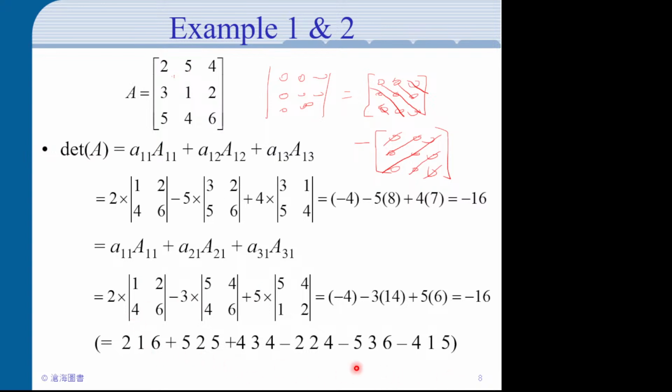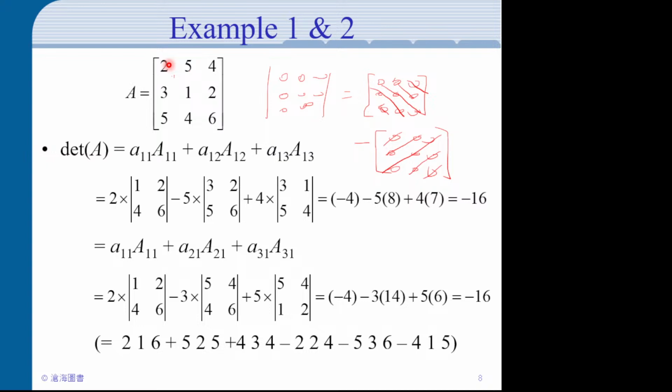And a small review from high school: it's actually all possible permutations of those rows and columns. So you have 6 terms adding and subtracting together. So you have those 3 correct-direction diagonals: 2 1 6 plus 5 2 5 plus 4 3 4.